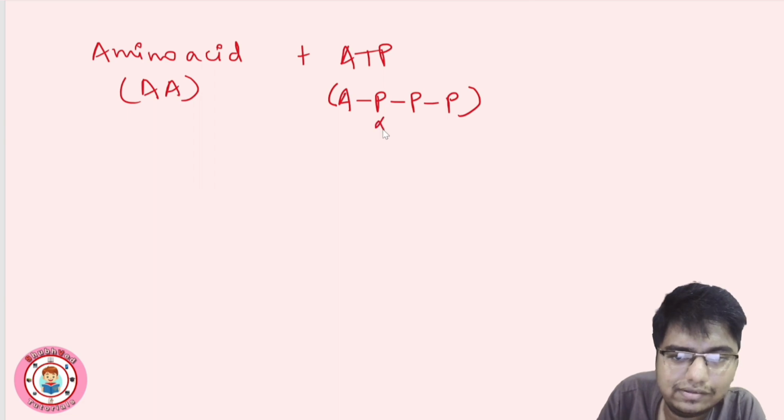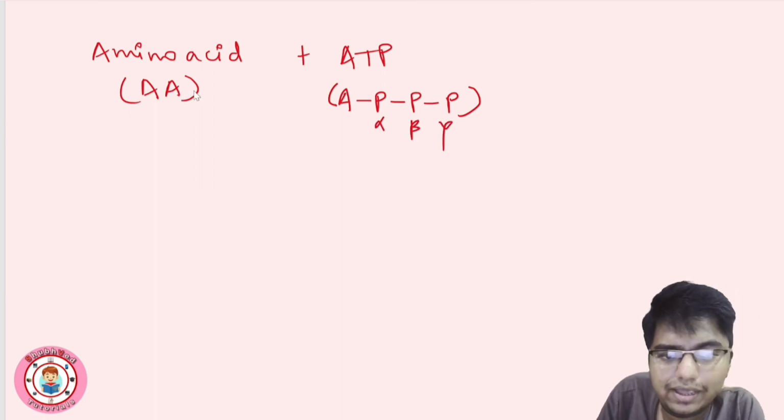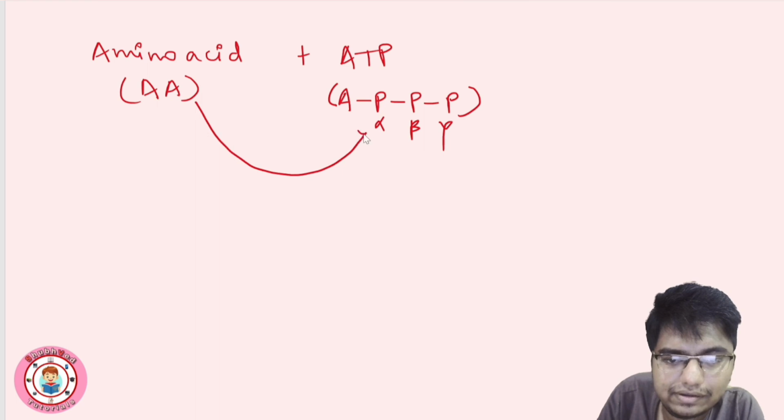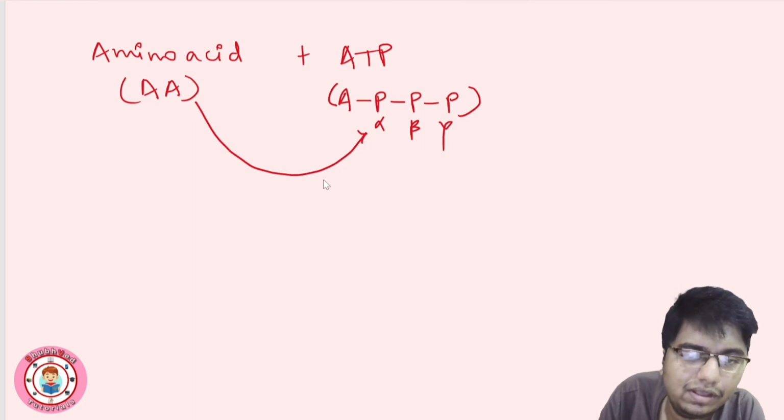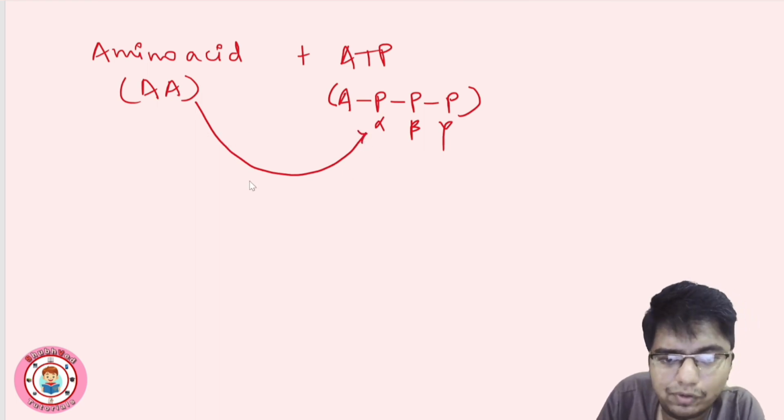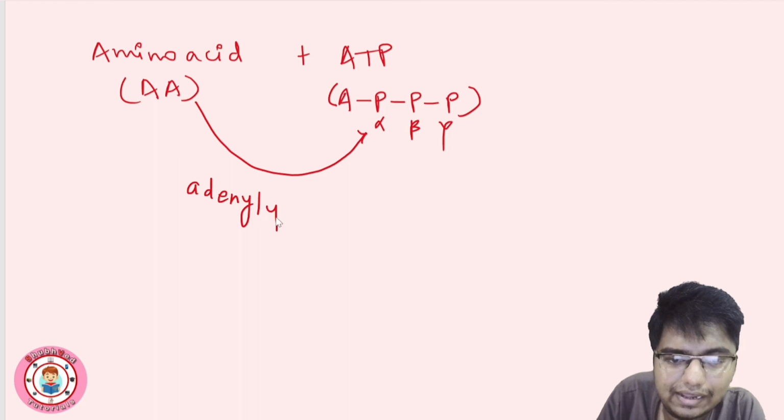So this is alpha phosphate, beta, and gamma. Now what will happen? This amino acid will attack this phosphate. This process is known as adenylylation. Got it?